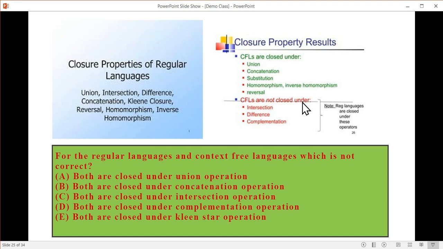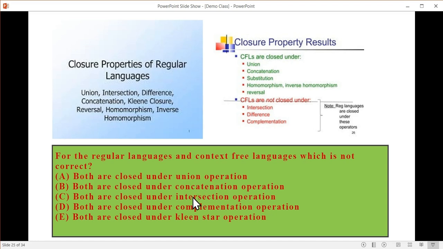Based on this, regular languages are closed under all the properties: union, intersection, concatenation, complementation, and Kleene star. But CFLs are closed under union operation and concatenation operation. So the first two options are correct.